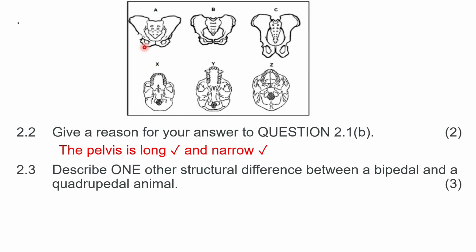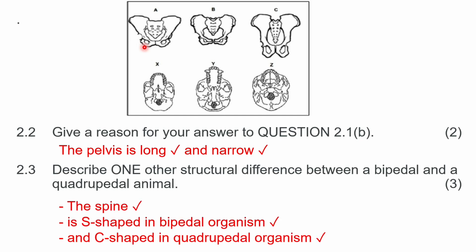And then you remember about the shape of the spine, that for your bipedal organisms, the spine needs to have an S shape so that it can absorb shock. And your quadrupedal organisms, they need to have a C shape because they don't need to absorb the shock.